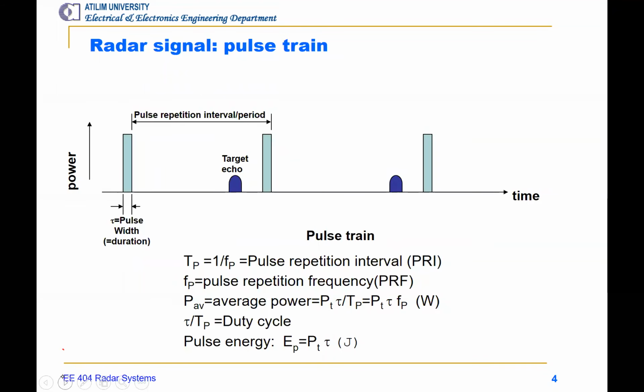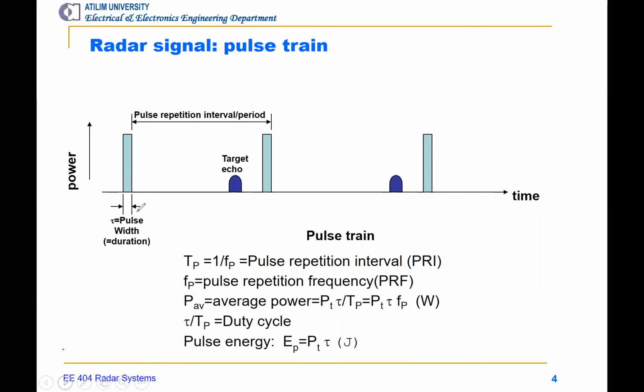Okay, let's see the radar signal, the radar waveform. What kind of waveform are we supposed to transmit so that we can measure that distance? Typically, a radar uses a pulse train, so a sequence of pulses.